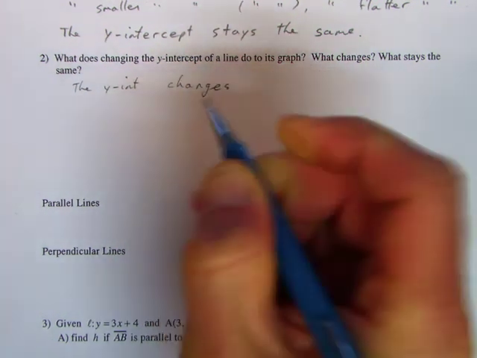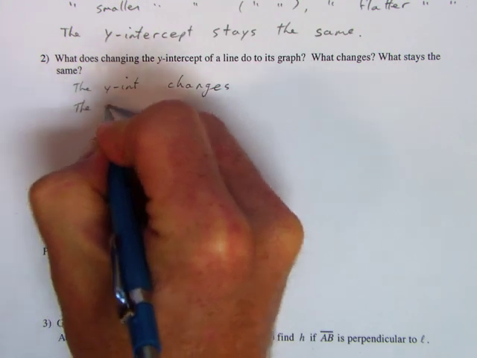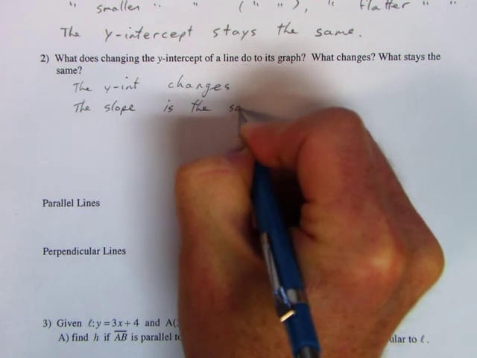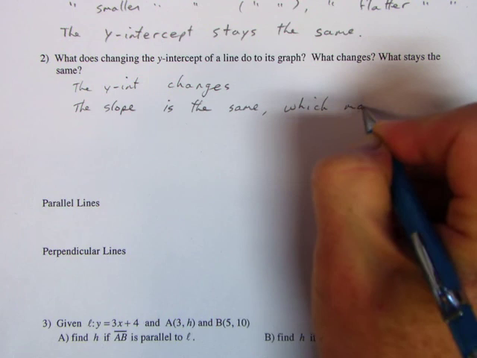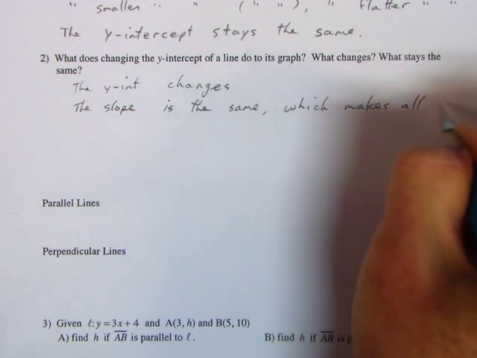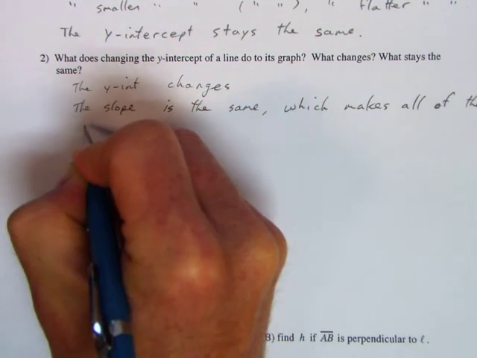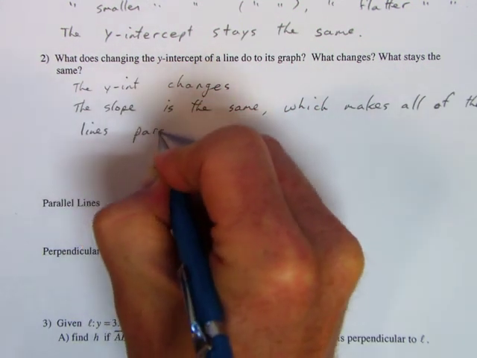So this time the y-intercept changes. The slope is the same, which makes all of the lines parallel.